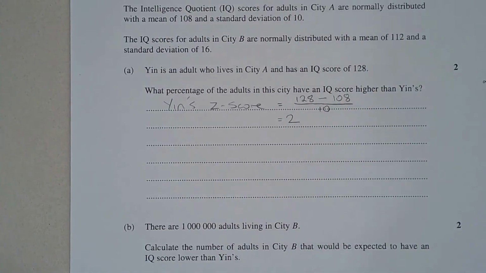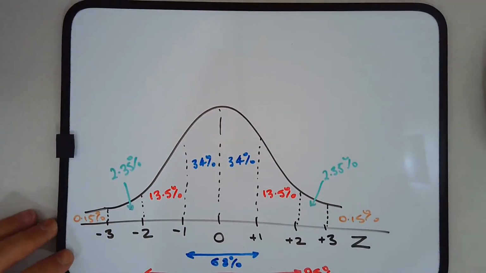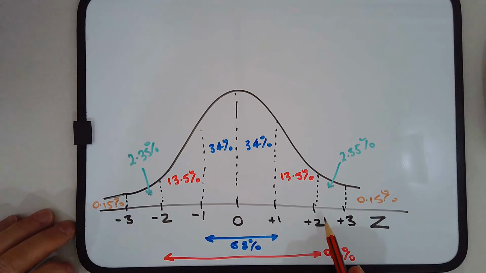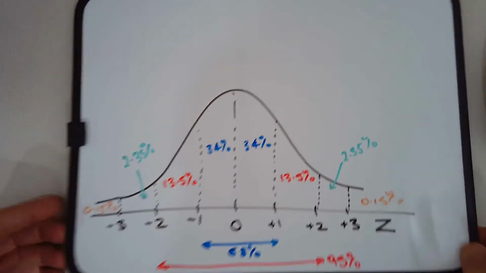So let's go back to our bell curve or our normal distribution. So we've got a Z score of 2. So what percentage will that be? So 2.35 plus 0.15, that's going to be 2.5%.